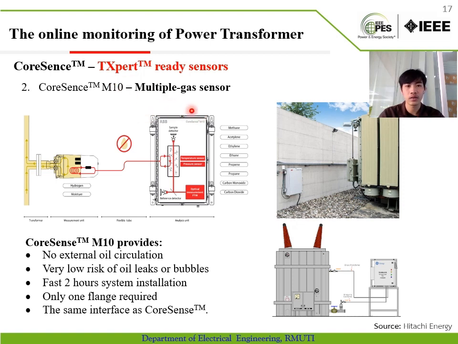It is the multiple gas sensor for dissolved gas analysis such as hydrogen, moisture, and eight types of gas such as methane, acetylene, ethylene, ethane, etc. The Constant TM M10 needs only one plate, compared to the manufacturer needs to plan. So Constant TM-M10 has very low risk of oil leak and no ethanol over circulation.